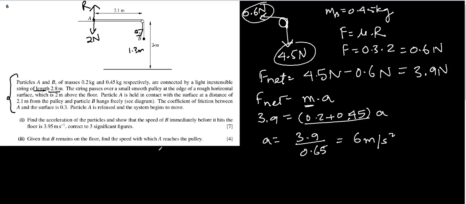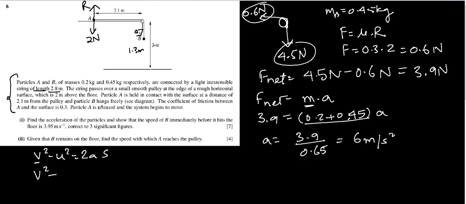That is the acceleration. Now they are also asking us to show that the speed with which it hits the ground is this 3.95. So we will use a kinematic equation for this, which is v squared minus u squared equal to 2as. V is the final velocity with which it hits the floor, and u, it was released.